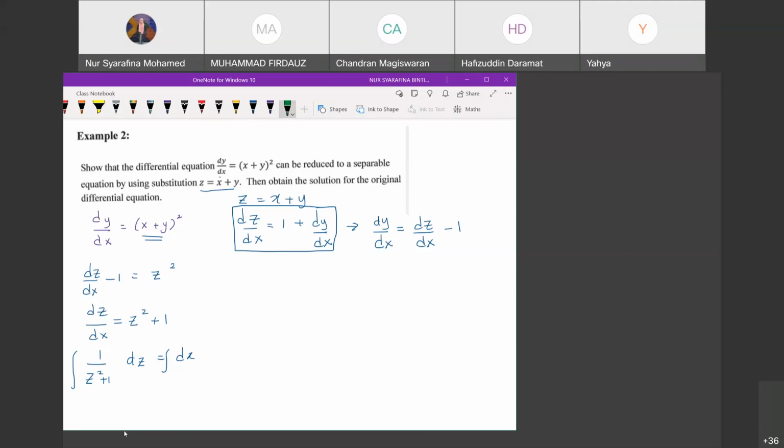Ln of z squared plus 1 equals x plus c. No, try again.